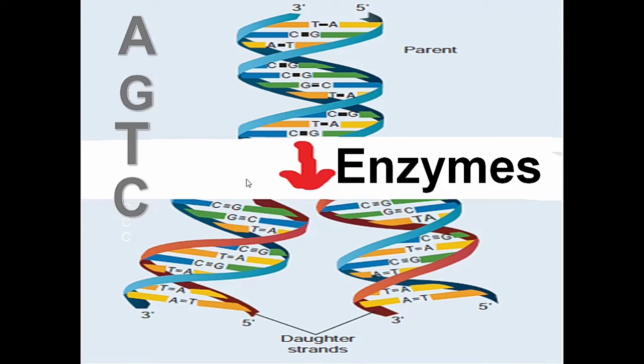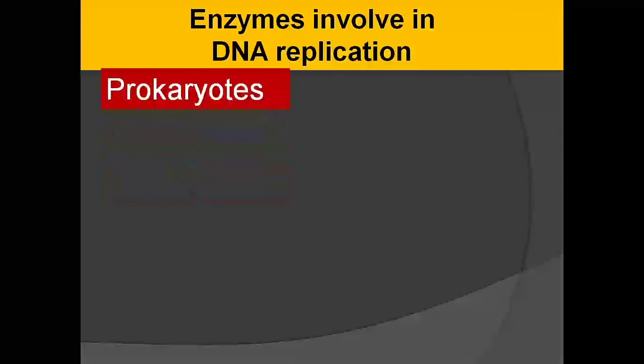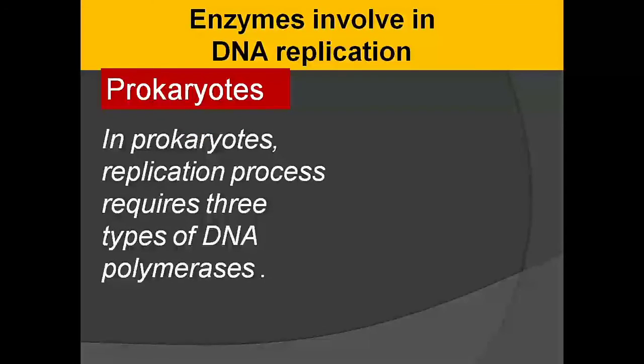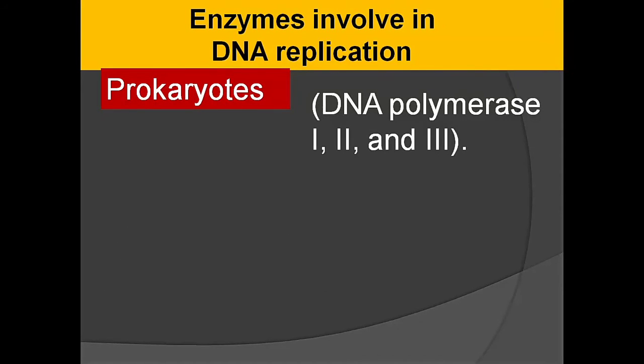Now let us learn about the enzymes involved in DNA replication. Both prokaryotes and eukaryotes have different kinds of enzymes for replication. Prokaryotes have three types of DNA polymerases for replication. They are DNA polymerases 1, 2 and 3.